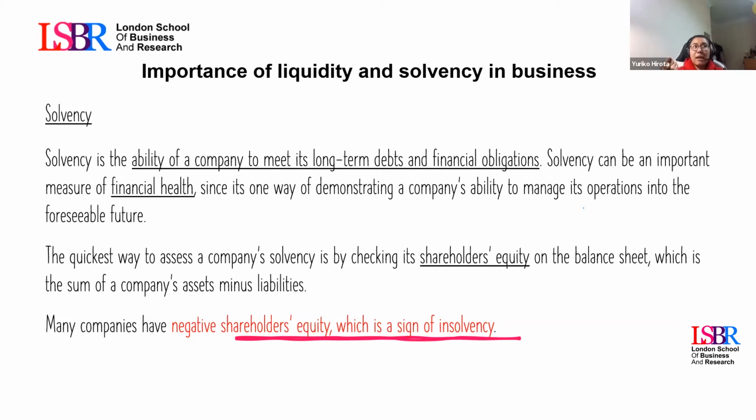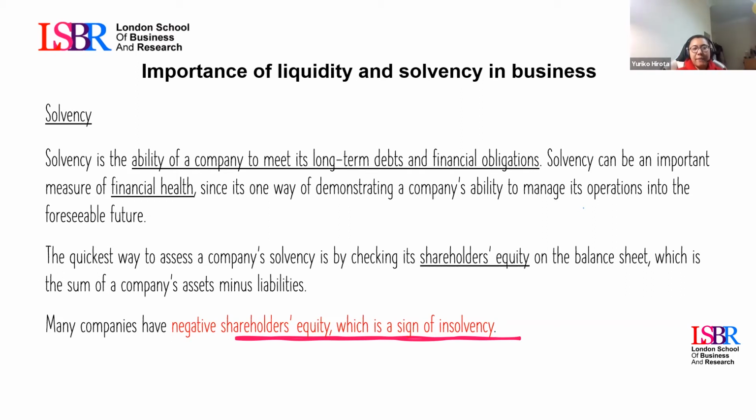So basically, in the equity section, we are checking the money that the company owns, and whether during the time the company has been profitable or not. This is the solvency.